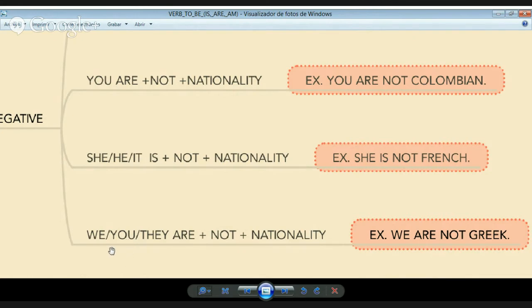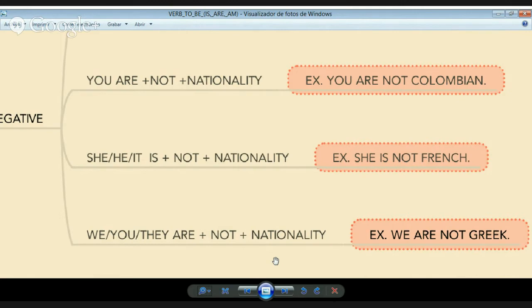When we use the third person plural, you say we are not plus the nationality. You are not plus the nationality. They are not plus the nationality.